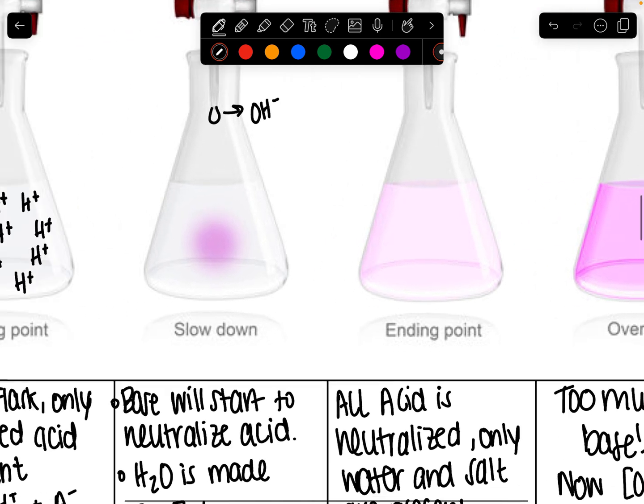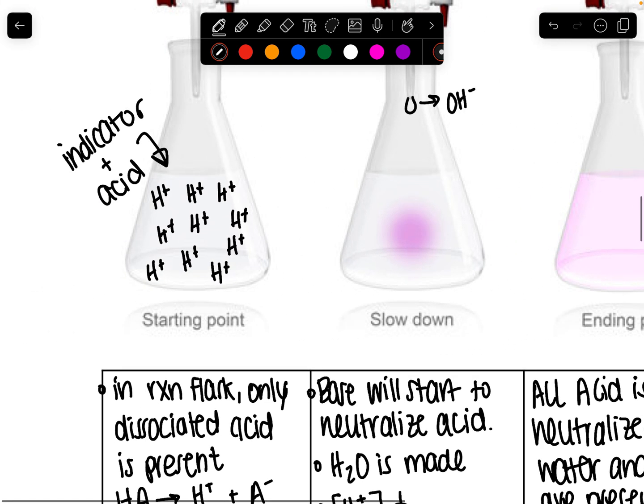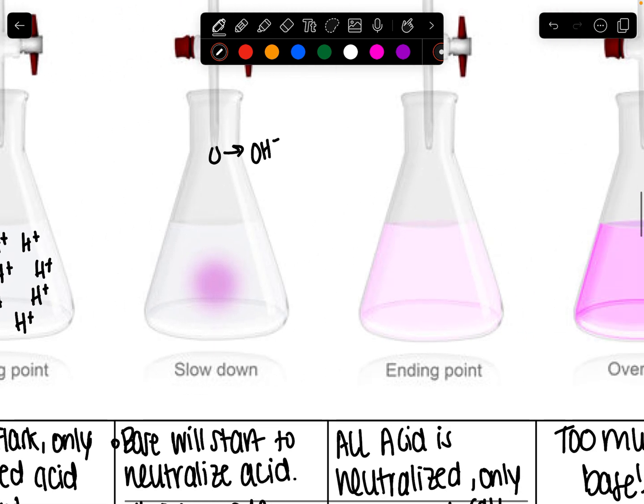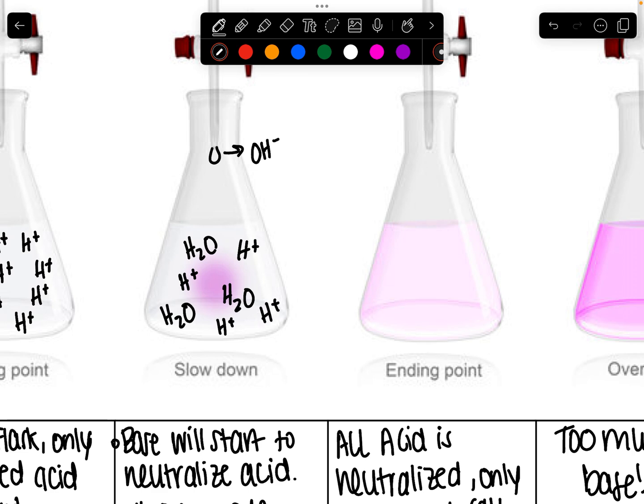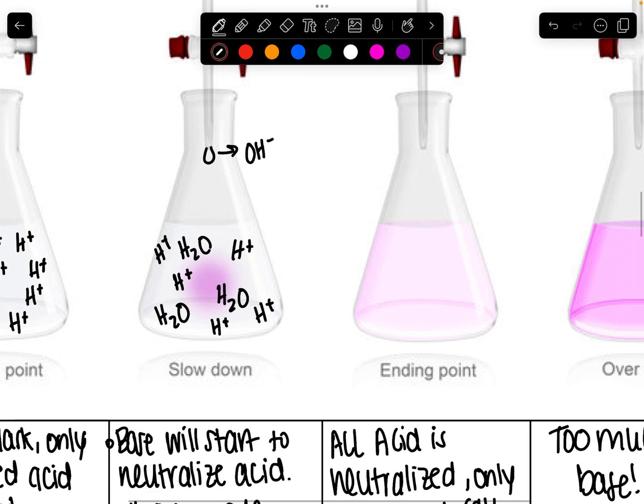So if we model this out, first we only had hydrogen ions dissociated in solution. Then we added our base to it, which allowed us to start making water. And we still have some acid because the system hasn't turned persistently pink yet.